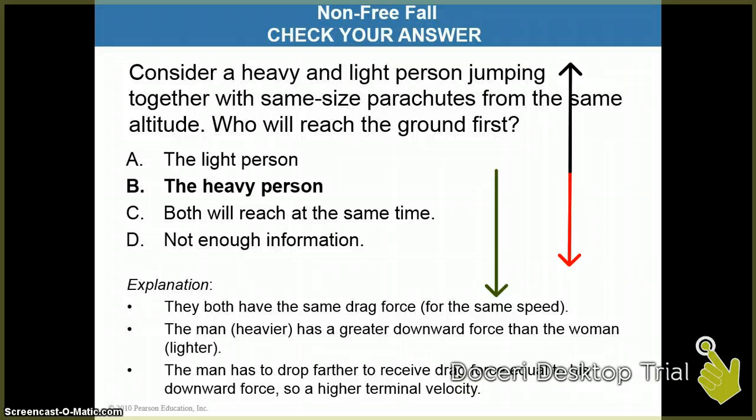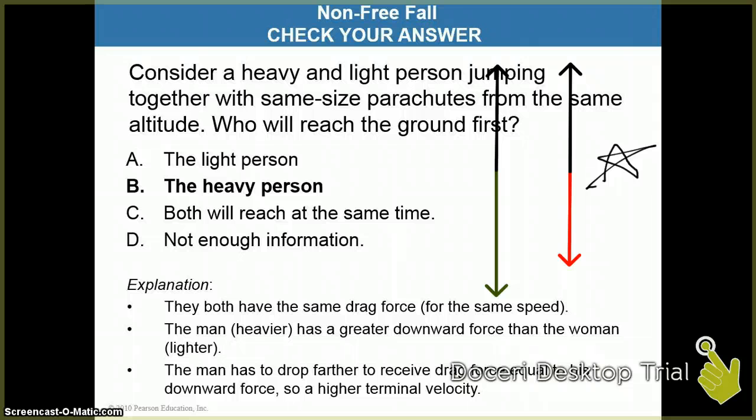The air resistance for the woman, represented by the black arrow, the magnitude of that drag force, is going to cancel out the force of her weight faster than it is for the man. At the same moment in time, that's air resistance acting on the man, and it doesn't quite cancel out the magnitude of his weight. So the woman stops accelerating at this point in time.